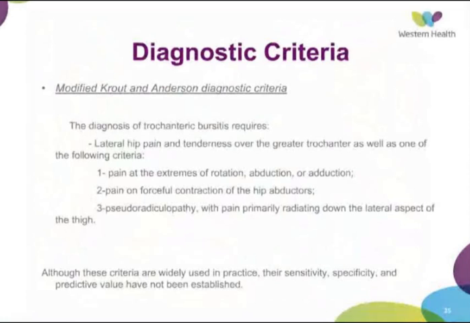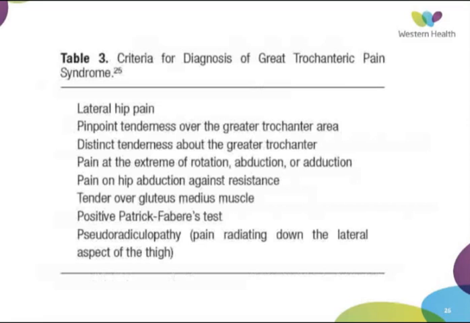Also pseudo-radiculopathy, where the pain goes down the lateral side of the thigh. These have been used in practice, but none of them are sensitive or specific, and the predictive value has not been established in the literature. These are also other diagnostic criteria that have been used in the literature to diagnose trochanteric bursitis or gluteal tendinopathy.